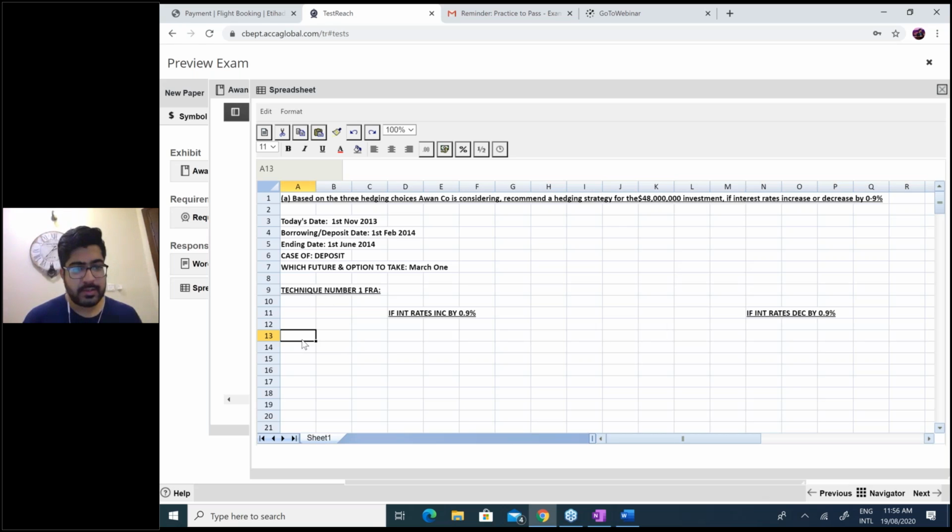Okay, so the format is, you take actual cost of borrowing or return on deposit. It's a deposit case. Return on deposit and gain loss due to FRA to get the net cost.